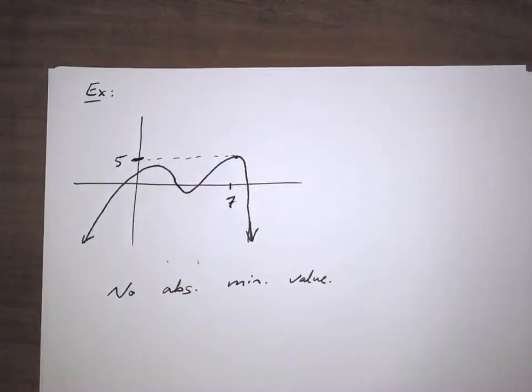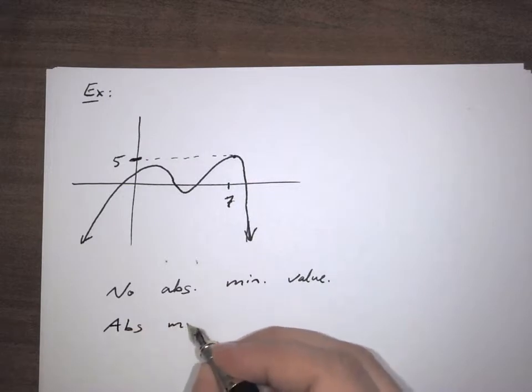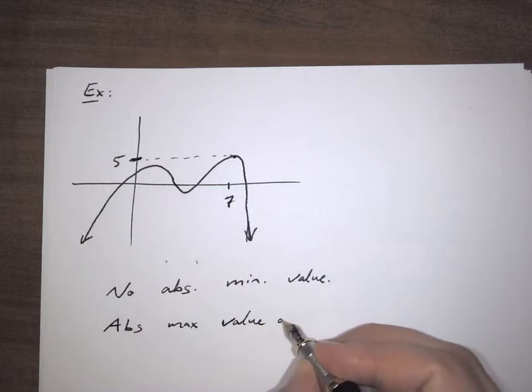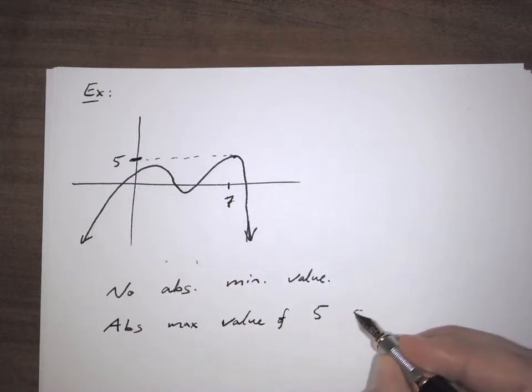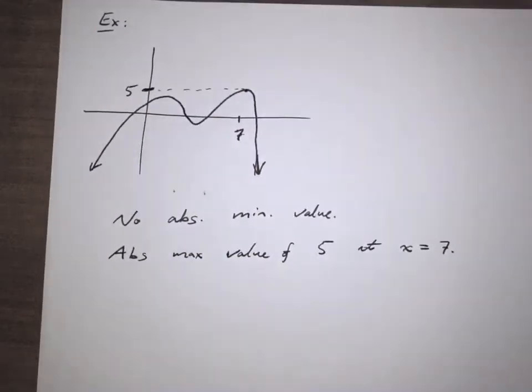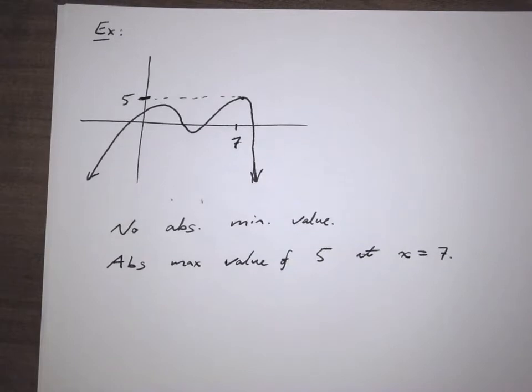So then there would be an absolute maximum value of 5 at x equals 7. So that's the way that generally looks.